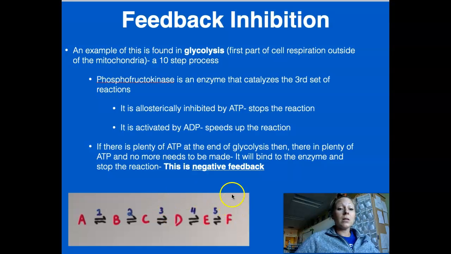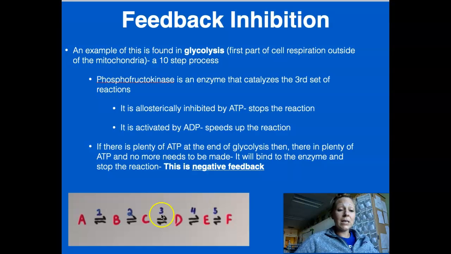But when there's lots of ADP floating around the cell, that means that there needs to be more ATP, and so it's going to allosterically bond to the phosphofructokinase, and it's going to speed up the reaction. It's going to stabilize it in that on position.